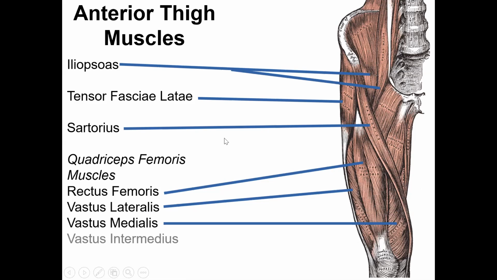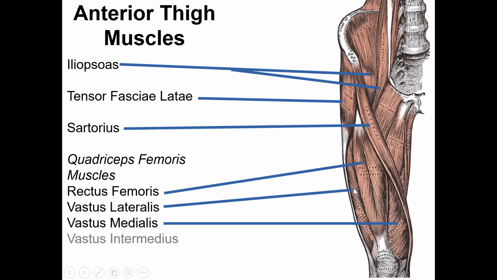Then we get to the bulk of muscles that form the anterior thigh itself. These are called the quadriceps femoris. So there are 4 muscles that are grouped together. 3 of them are superficial, and we can see them easily just by looking at the anterior thigh. The first one is rectus femoris, which is right on top. It goes right down the front of the thigh.